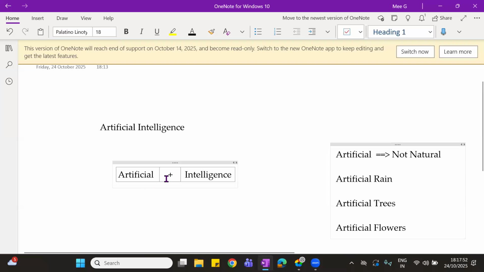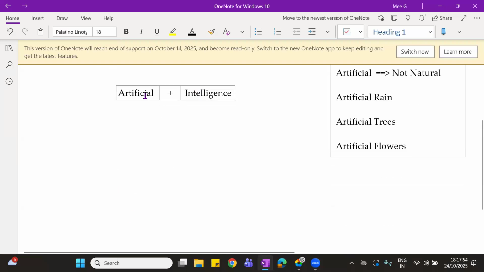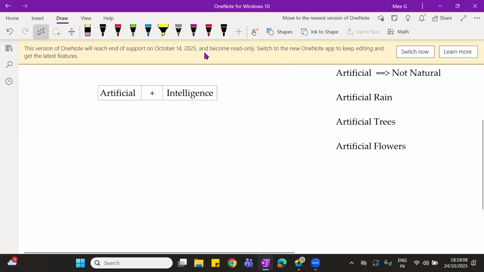Now artificial intelligence means that intelligence which is created by humans. So what exactly the humans will be doing here is they will get a machine.